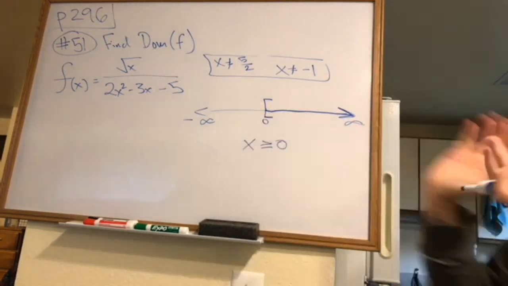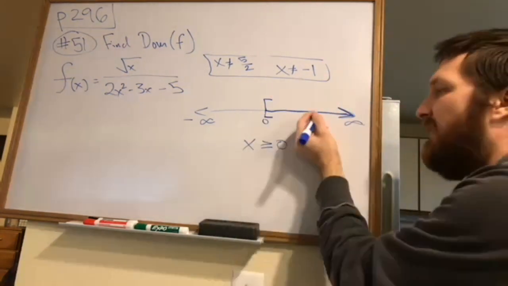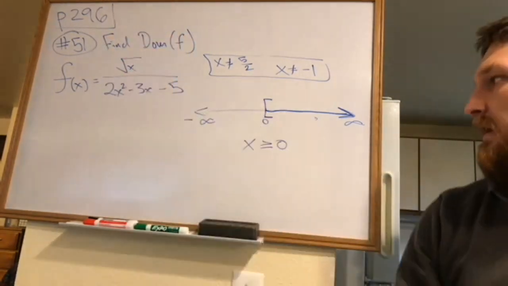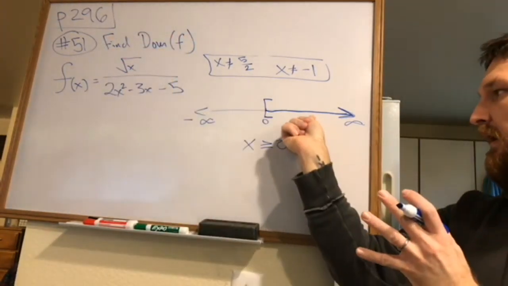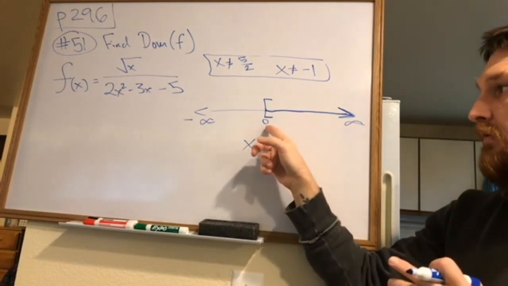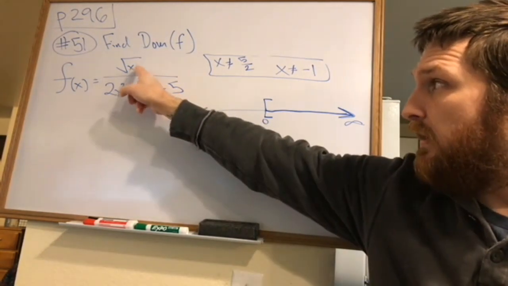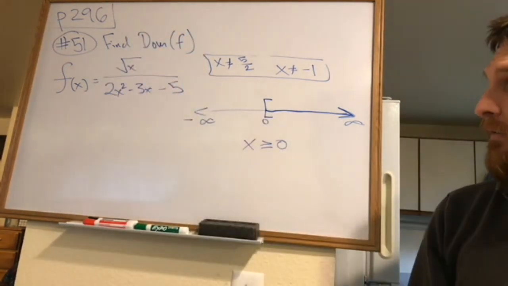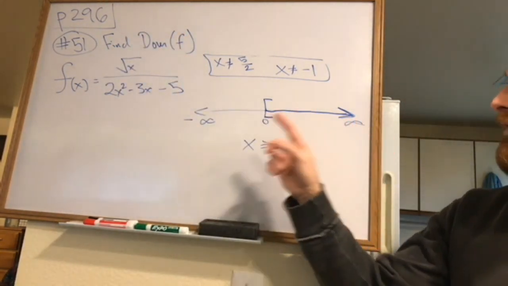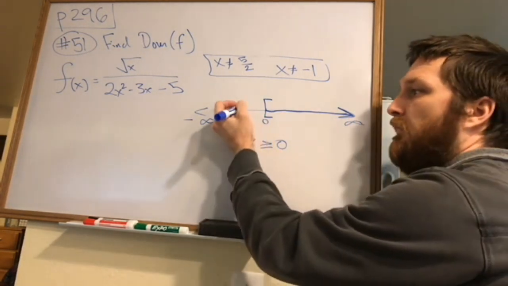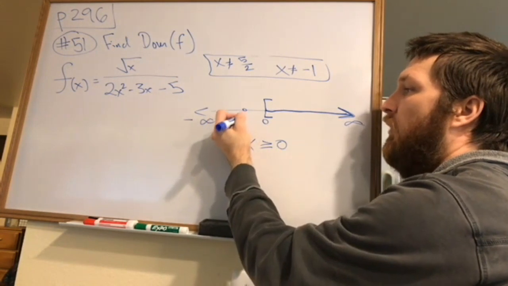And I can see that this is true, right? If I take anything over here, if I take a 3, for instance, plug in a 3, no problems there. Okay, that looks good. I actually can plug in 0 too. 0 is in that interval, and if I plug in a 0 there, no problems. Good to go. Now we have two other restrictions, right? x cannot equal -1, so we have to have a hole here at -1.